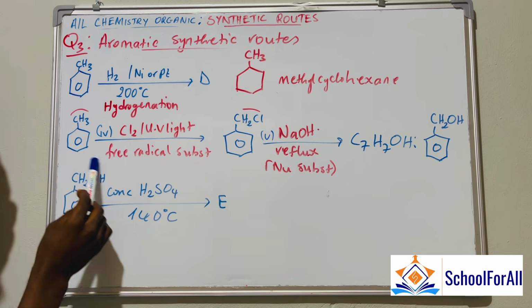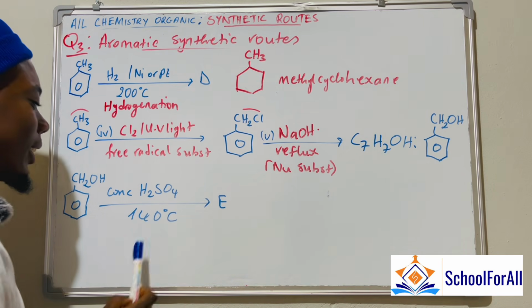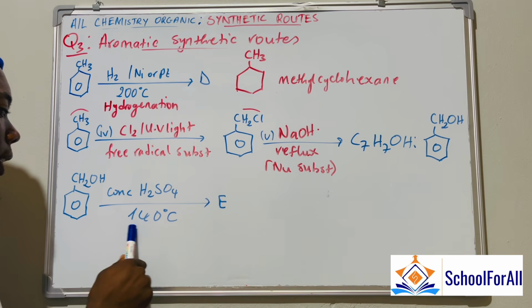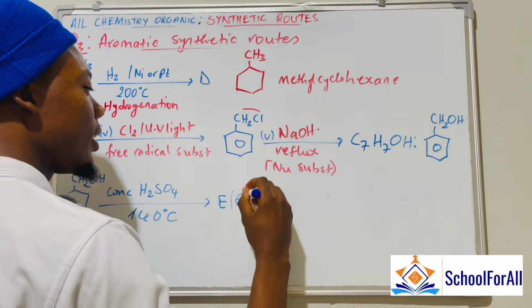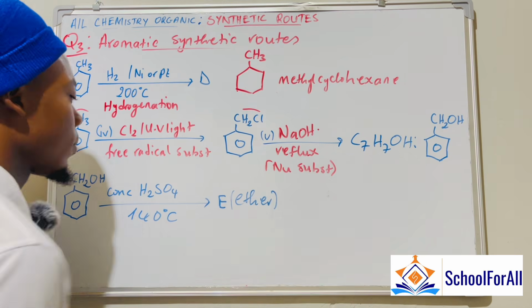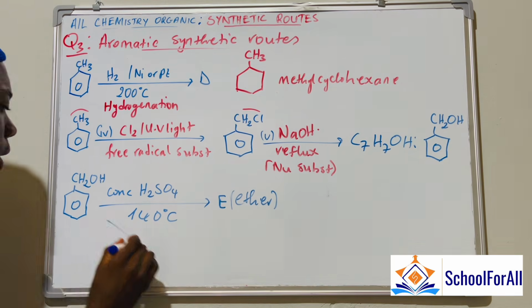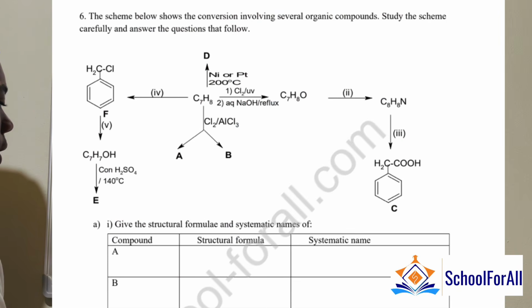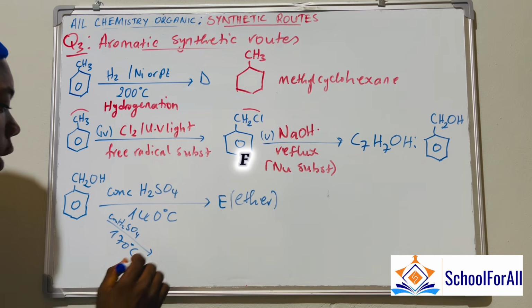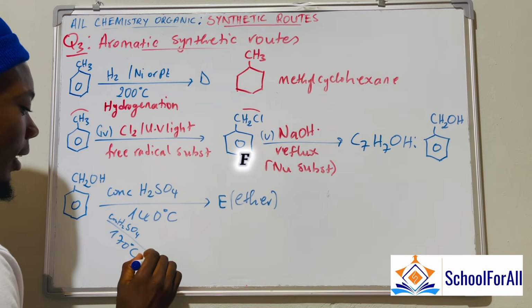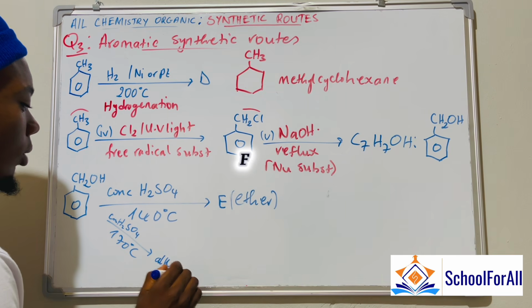Whenever an alcohol reacts with concentrated sulfuric acid at a lower temperature of 140 degrees Celsius, I will generally produce an ether. Whereas if the temperature was instead 170 degrees Celsius, I will produce an elimination reaction, which gives an alkene. So take note of that.